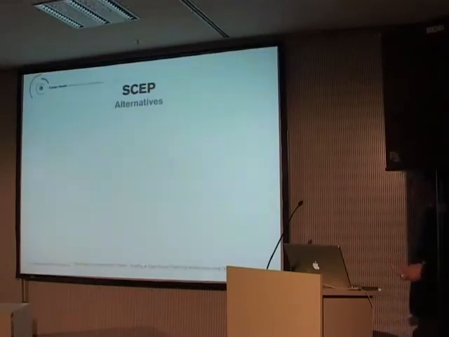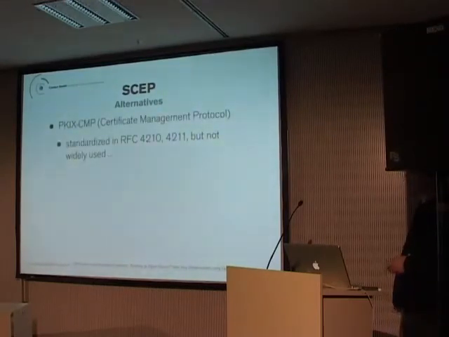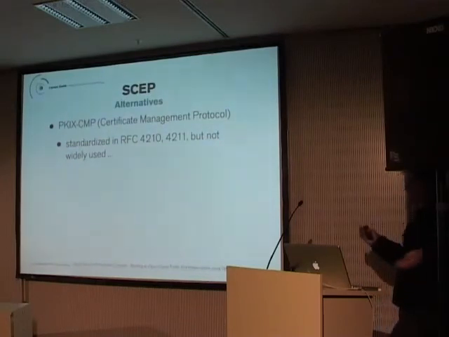Okay, shortly a bit on alternatives. Nobody actually wants to do that, I guess. PKIX CMP is the certificate management protocol, which has actually been standardized in RFCs, but it's not really in wide use. The only people I know of that have implemented that are actually the Baltimore people who are, well, you heard it, gone.